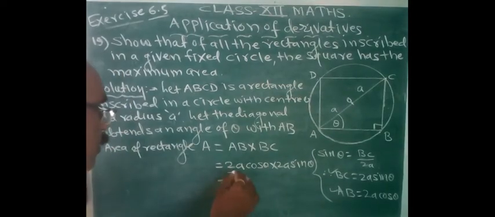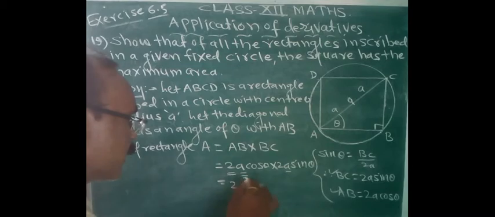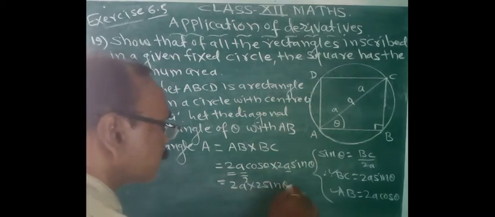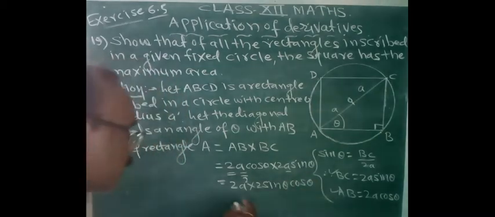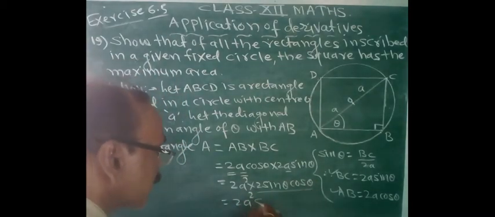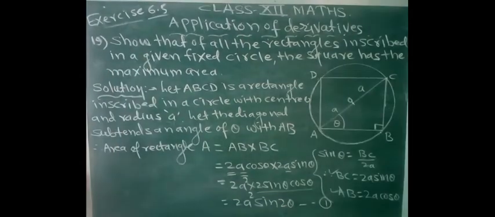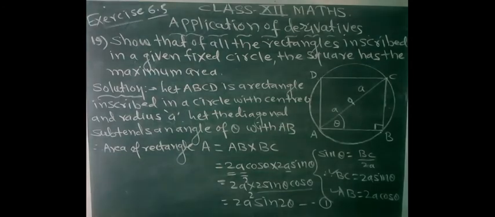So this is 2a into a, that is a square, and this 2 twice sin theta cos theta, that is 2a square, 2 sin theta cos theta, that is sin 2 theta. So this is your area, 2a square sin 2 theta.